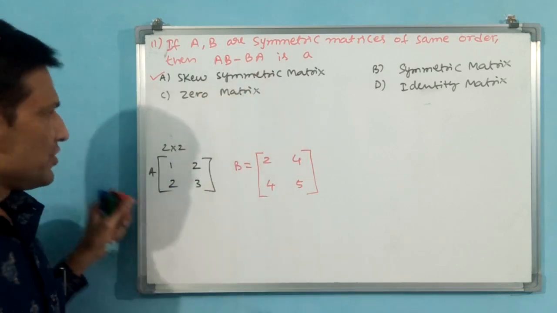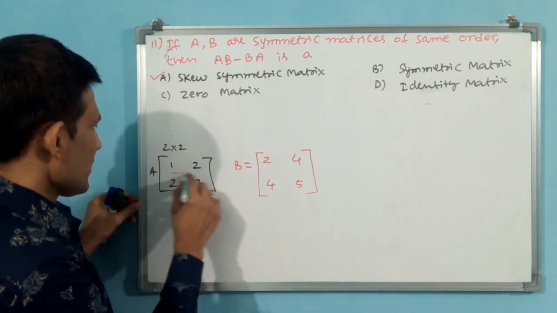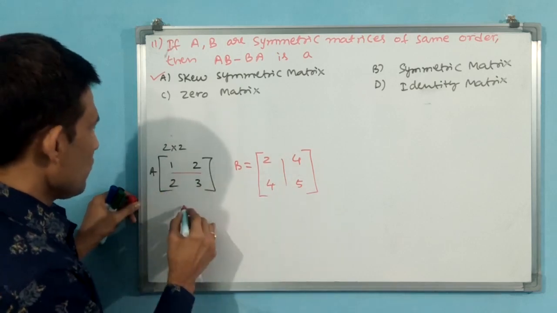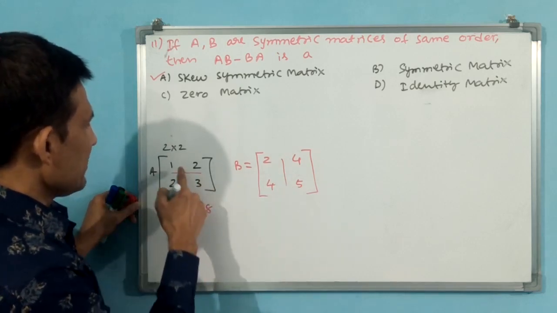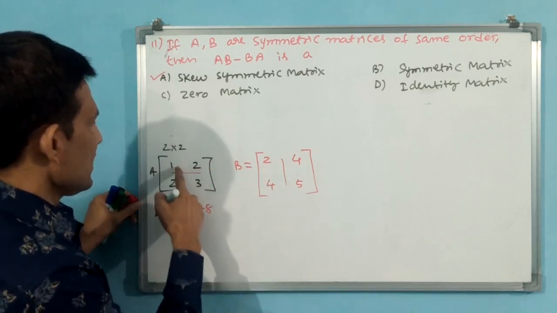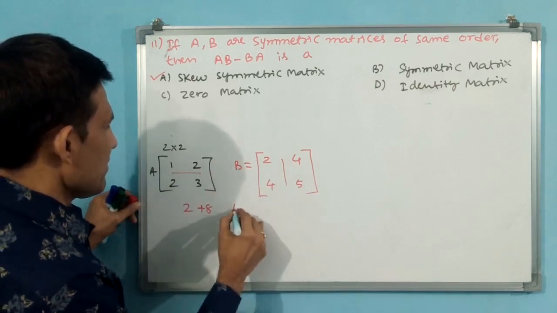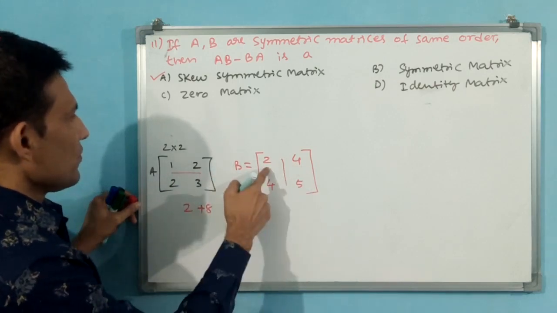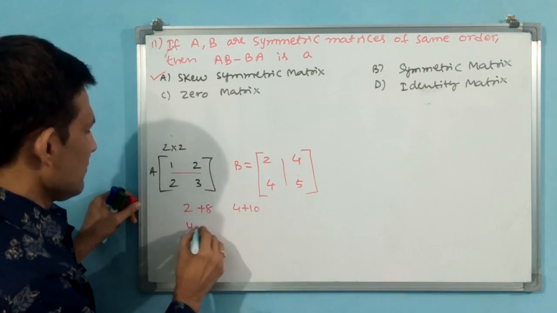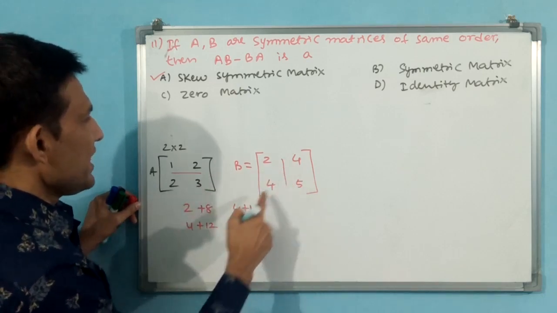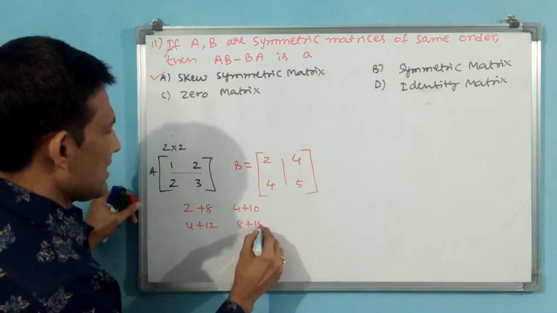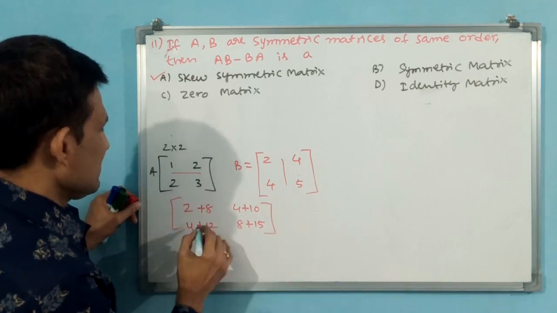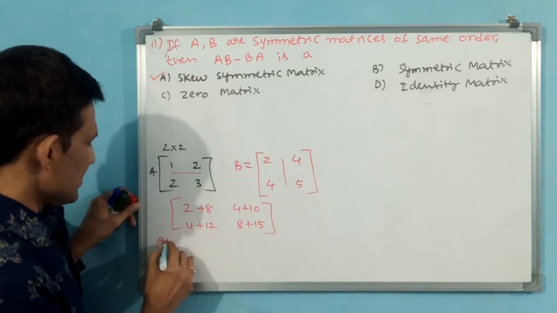Now you do AB and BA. First you do AB. 2 plus 8, then 4 plus 10, 4 plus 12, 8 plus 15. This is AB.